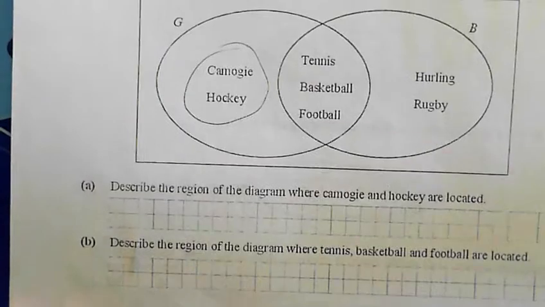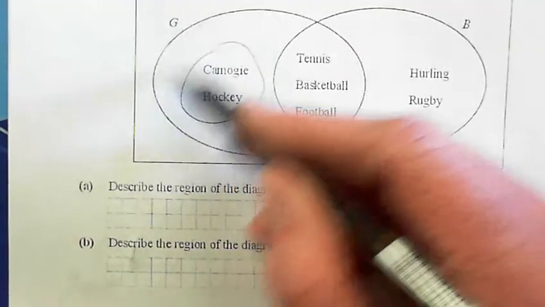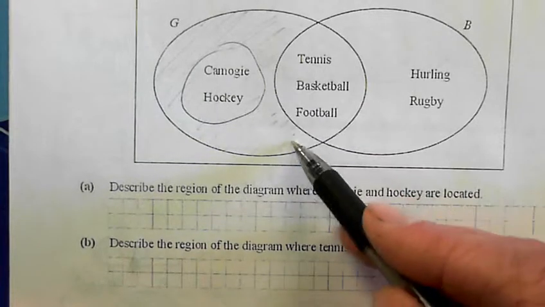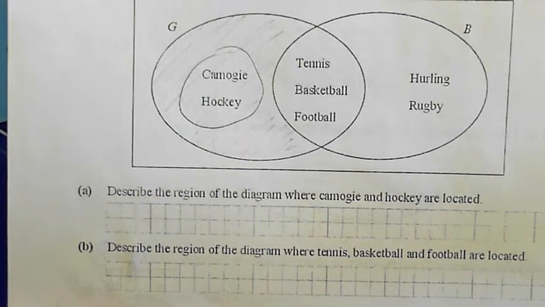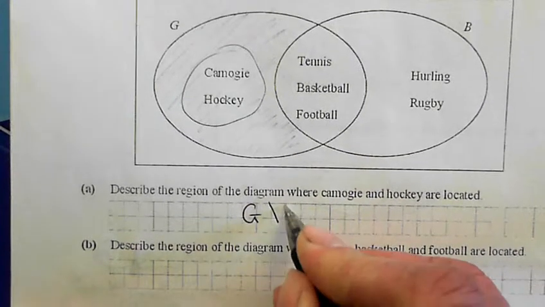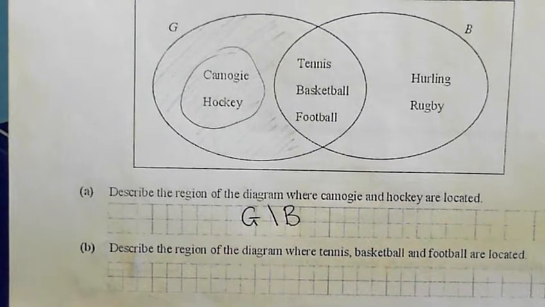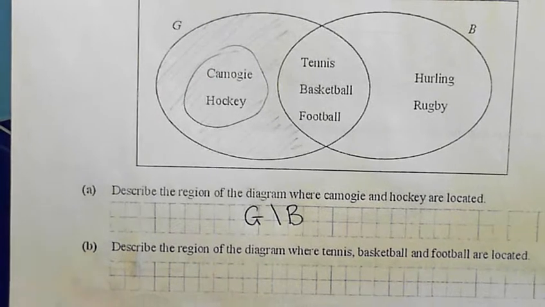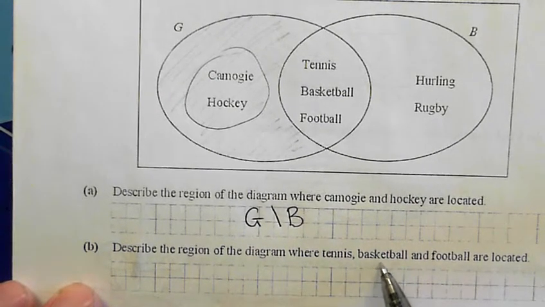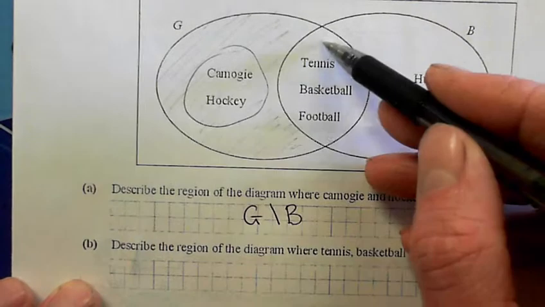That region. This region here. What's that? G, but not yet. G without any of B. Describe the region of the diagram where tennis, basketball and football are located.